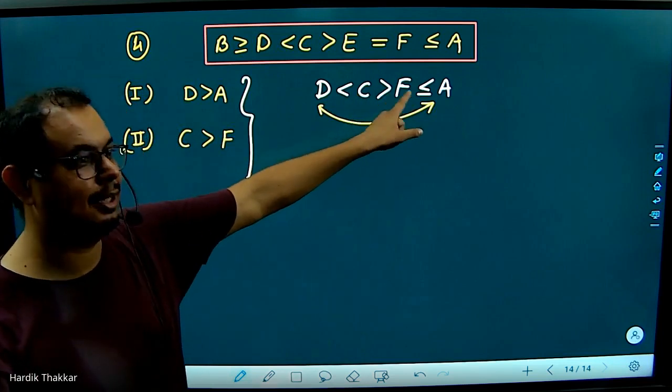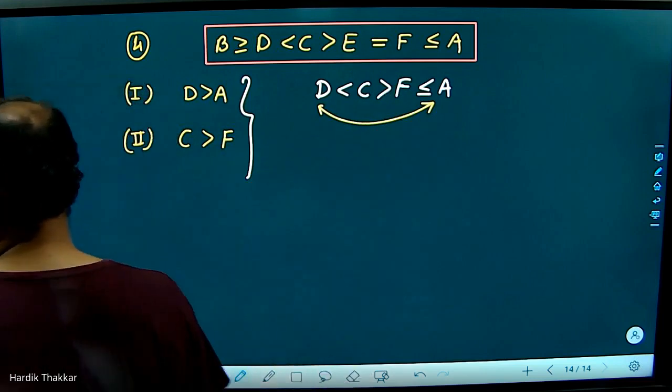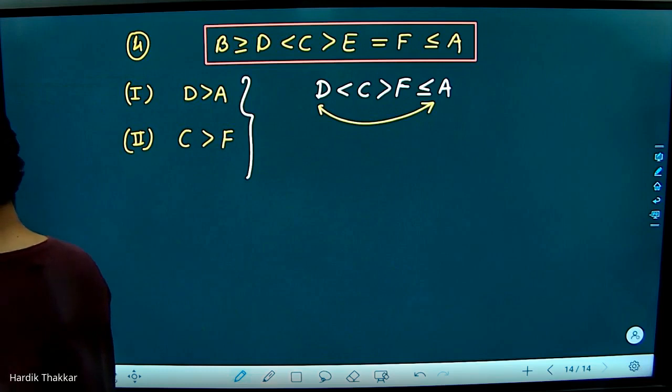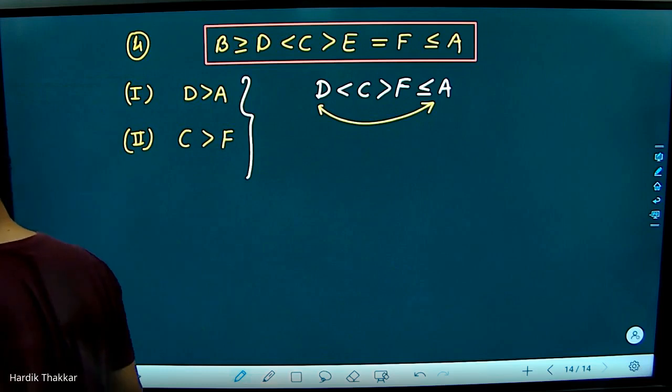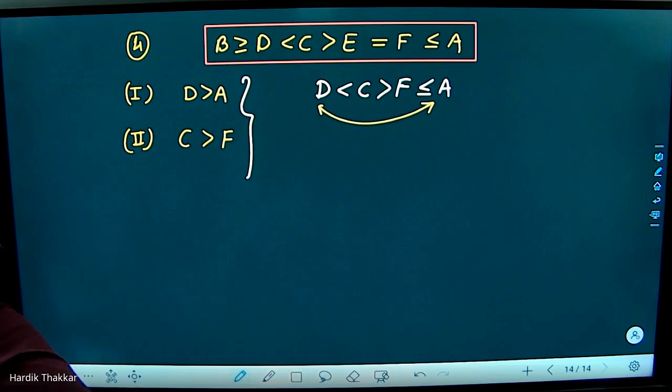Here these two inequality signs are different. How can we conclude this part? Just look at the table on page number 68, in the last row, where no conclusion can be drawn.